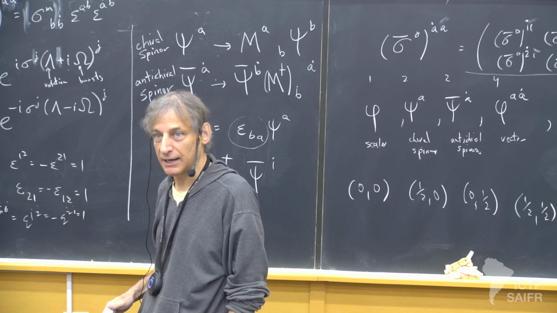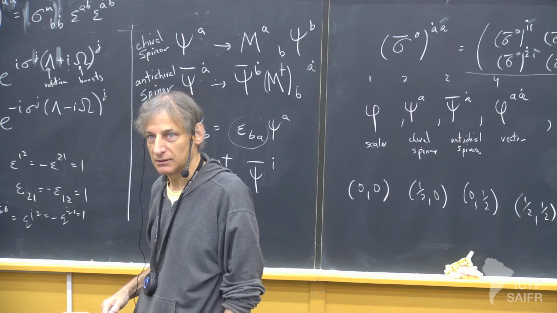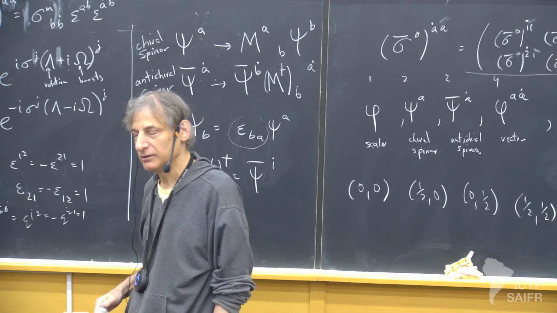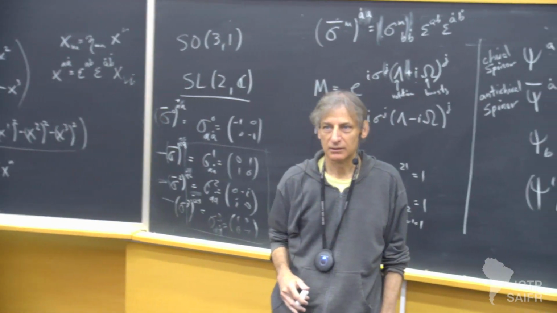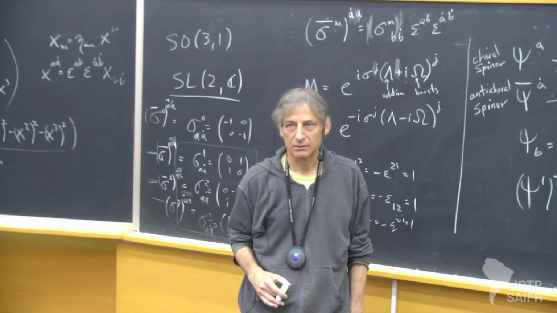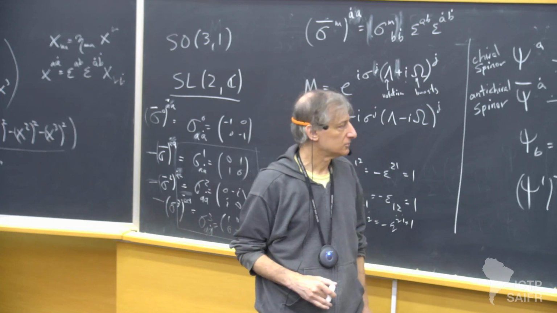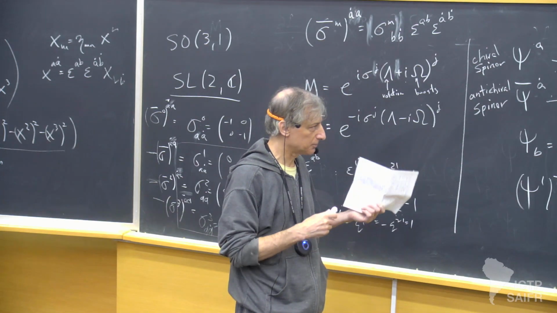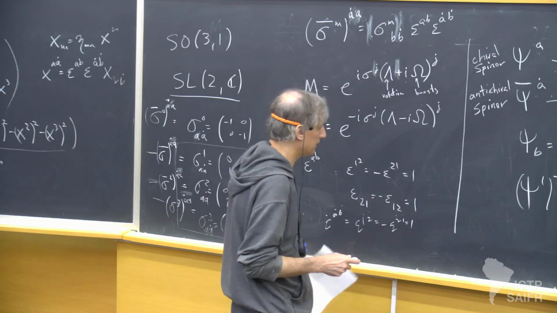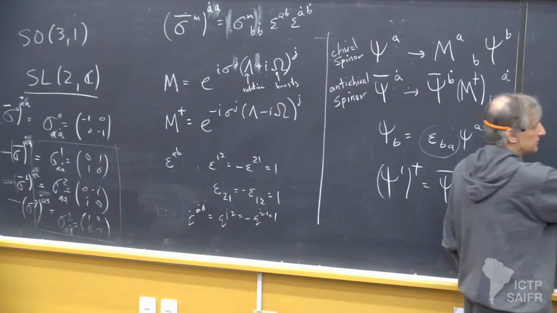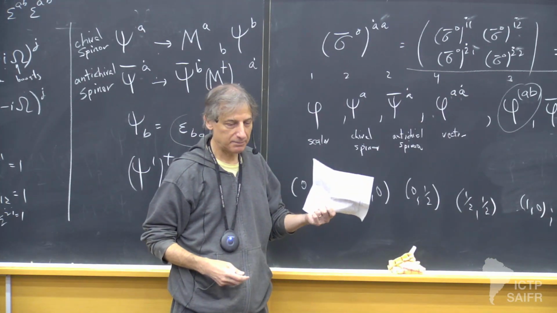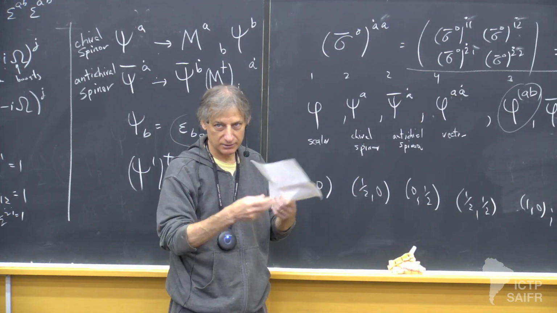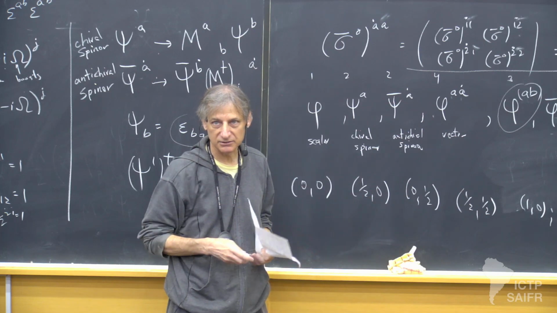Times chiral. Times or plus? Okay. So normally the question would be if you multiply, if you have psi times psi bar, so that would be like this object. So this would have 4. So if you multiply one representation by another, you get the product of the sizes of the representation.